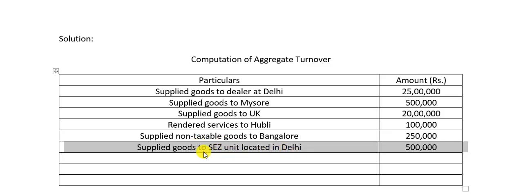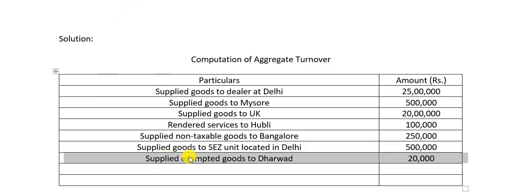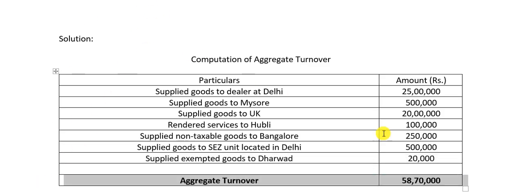Usually we consider this as deemed exports and it is zero rated and we will not take it, but we should not take it only when it is taxable turnover, not aggregate turnover. In aggregate turnover, everything should be taken. Supplied exempted goods to Dharwad. We will take that. Next, when we add all of this, we will get 58 lakh 70,000. So that is the aggregate turnover. So thank you.